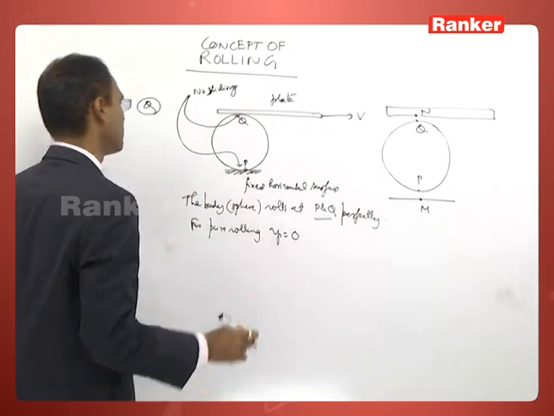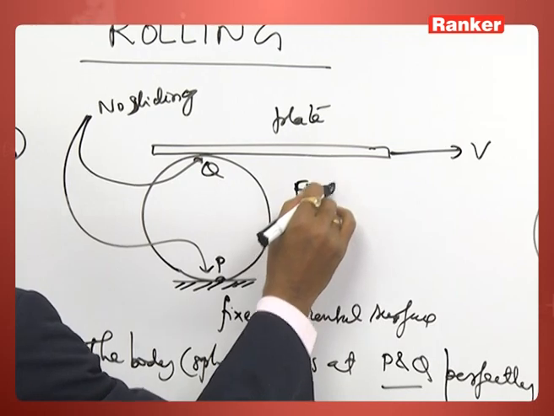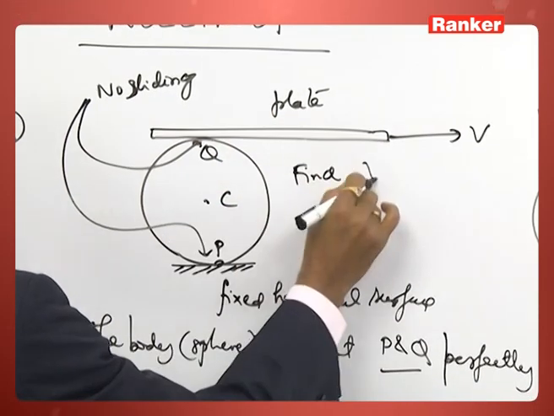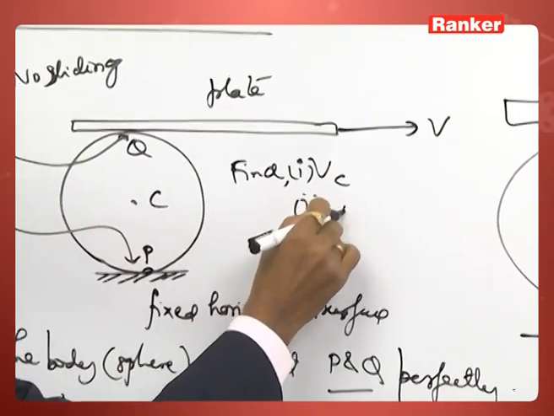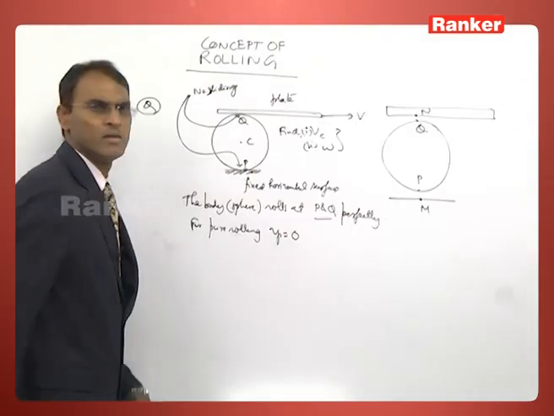Now question, find the velocity of the center of mass or the center of the sphere and find the omega. This is the question.